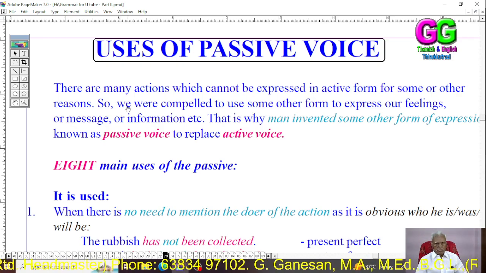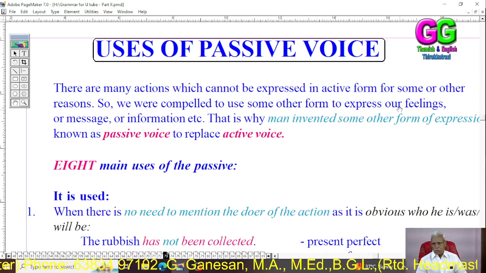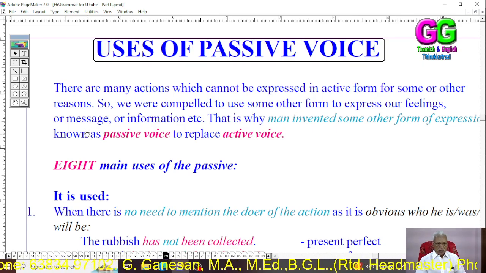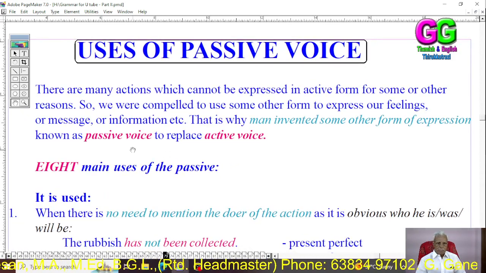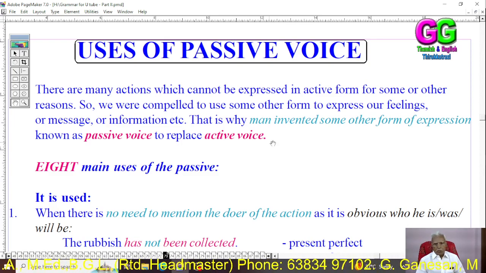So, we were compelled to use some other form to express our feelings, our message, information, etc. That is why man invented some other form of expression known as passive voice to replace active voice.